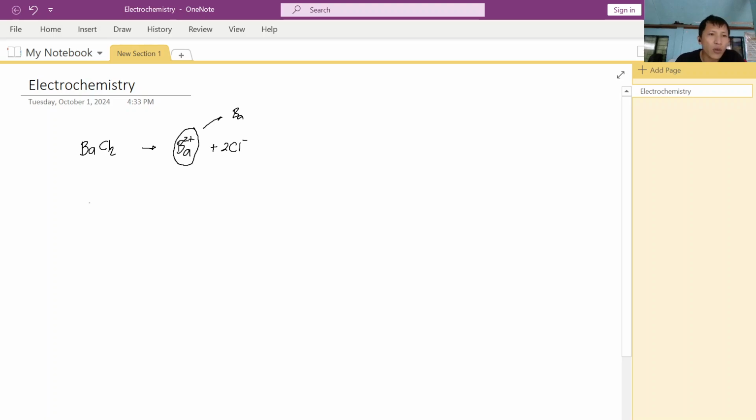The book expects you to know how to write A, even if your teacher is not asking. Of course, I will not be asking you this kind of problem, because I always go to problems which can be represented by ABCD, for the sake of our quizzes, long quizzes and exams. So for A, you write the half reaction of barium 2 plus forming barium metal.